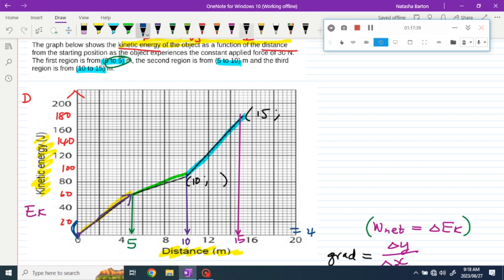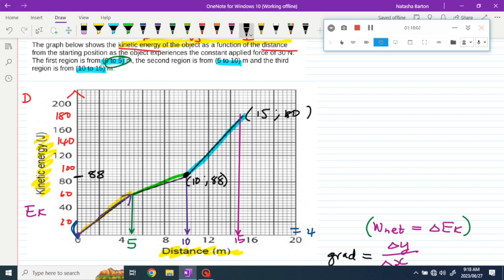Based on that, this point is at 88, and you can read that off accurately. If you did not use 88, you're not going to get your marks. Over here, this point goes all the way to 180.